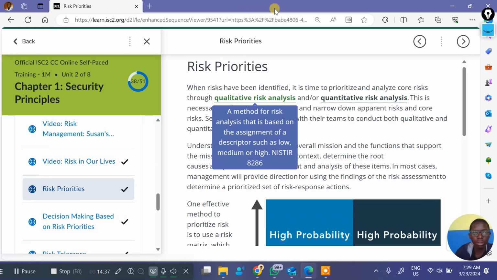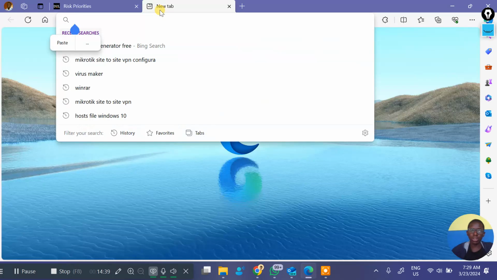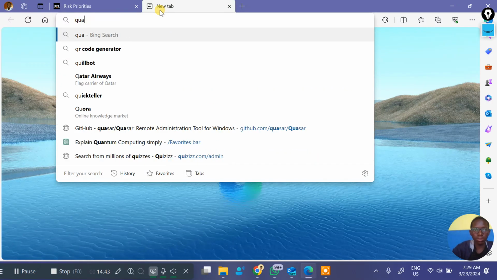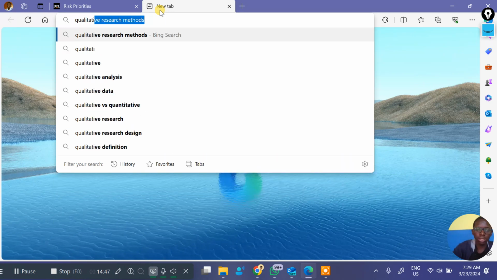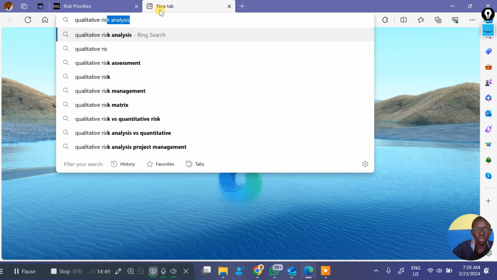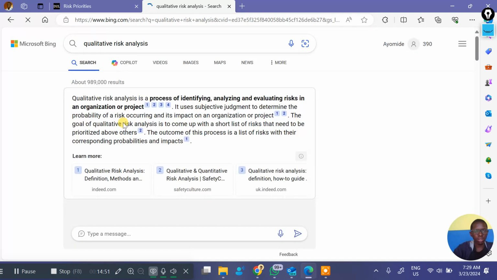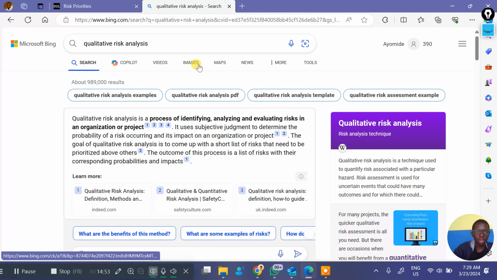I think it's good if we just show it on the browser so you get it. Qualitative risk analysis. I'm just going to go straight to images.